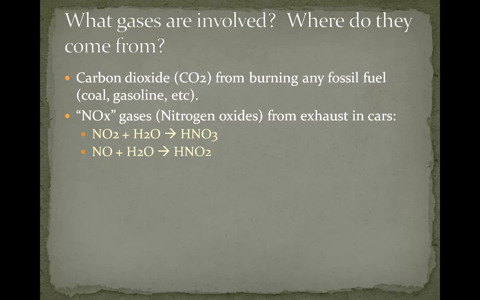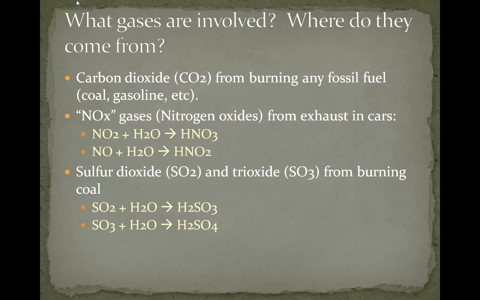Well, oxygen's not the most prevalent gas in the air. The most prevalent gas is nitrogen. That nitrogen mixes with the oxygen in your engine, makes nitrogen monoxide and nitrogen dioxide, NO and NO2, and that's let off in your exhaust pipe. Those mix with water and you get different nitric acids.